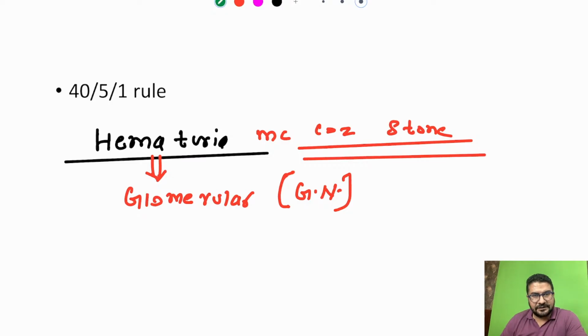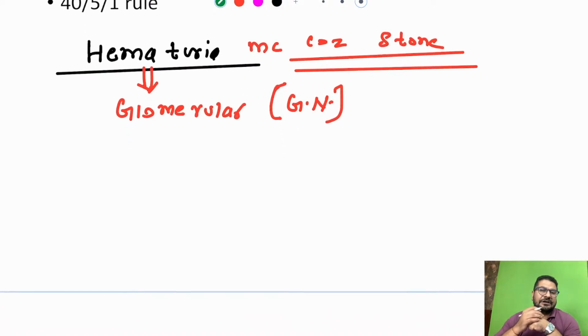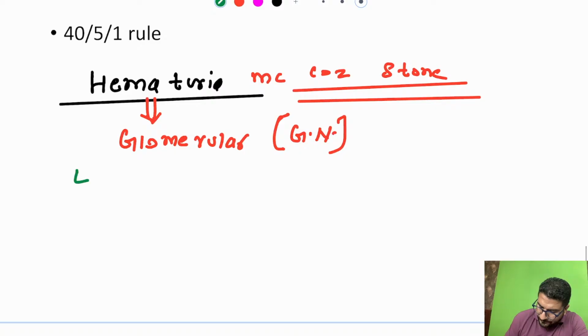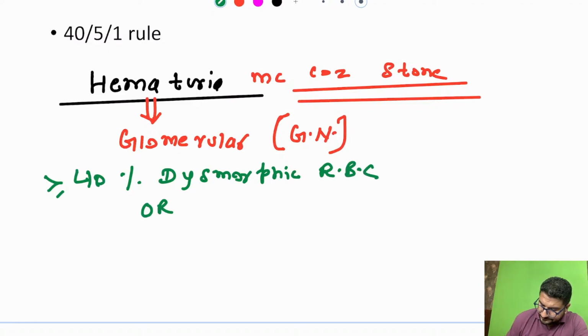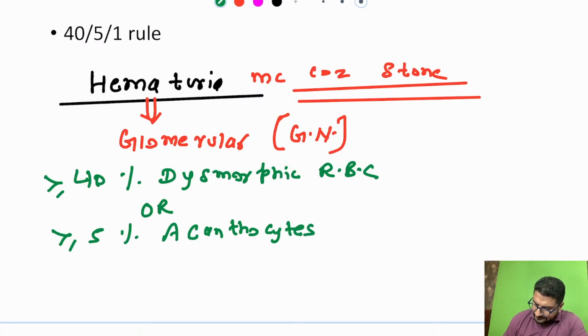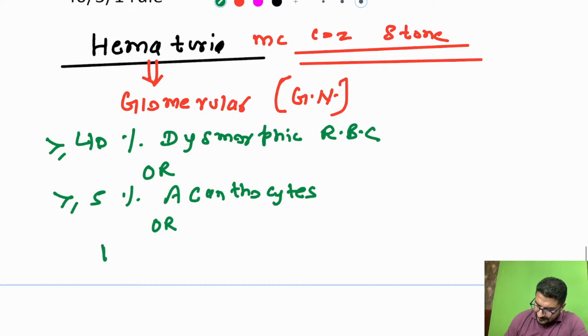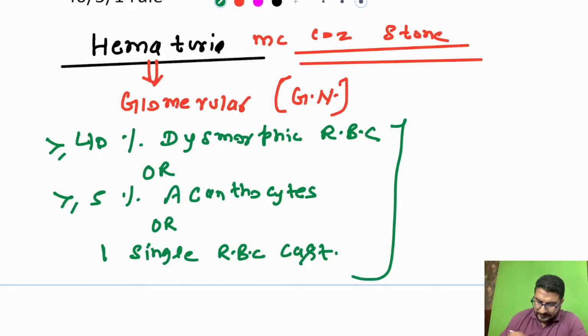So remember most common cause will be kidney stone or ureteric stone. लेकिन अगर क्वेश्चन glomerulonephritis का है, remember 40-5-1 rule: if you see 40% or more dysmorphic RBCs, अगर आप 40% या उससे ज़्यादा अलग अलग शेप की आरबीसी देखोगे, and if you see 5% or more acanthocytes, and you will see any one RBC cast, one single RBC cast, then this hematuria is considered glomerular.